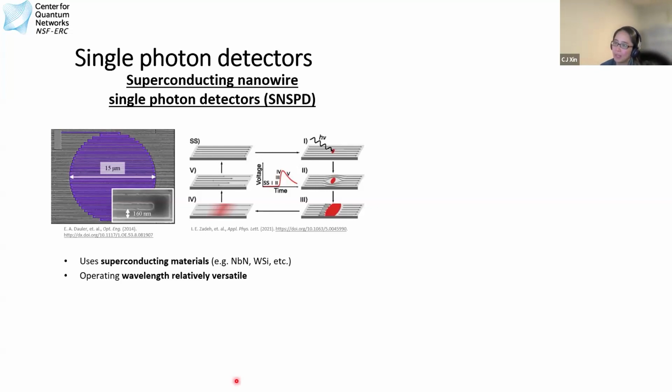However, we don't have room temperature superconductors yet, so it needs to operate at cryogenic temperatures, which means that if you want to put it on the same chip, all of your other components need to be cryogenic too.